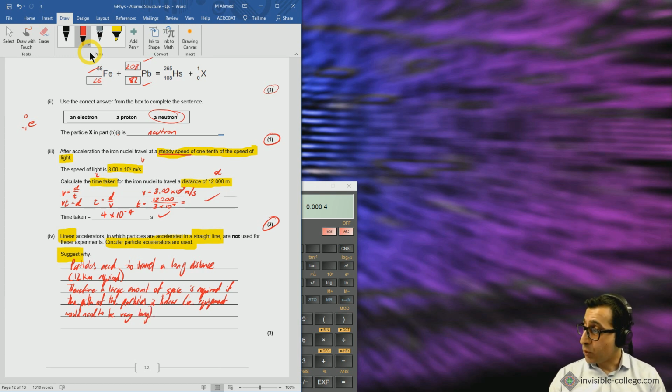Now, that point follows from the previous point. This is the way you need to construct your answers. It needs to be a series of statements, each of which logically follows from the preceding statement. So now that we've said this, we can now give a suggestion as to why a circular particle accelerator is used instead of a linear one.